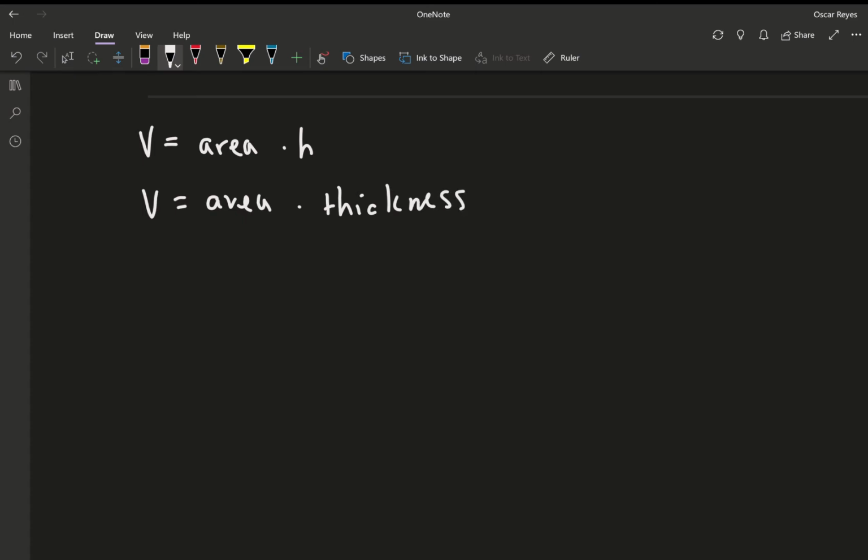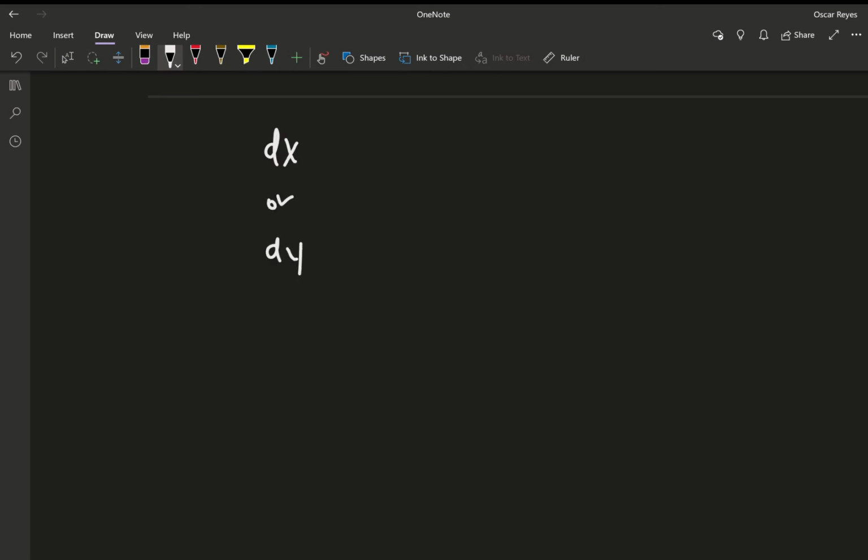When we're looking at it in 6.2, we're going to be looking at it through very small slices to get the most accurate area, and we use that through an integral. Usually our thickness is either going to be in terms of dx or dy, depending on how we look at it. So let's go ahead and see this through an example.